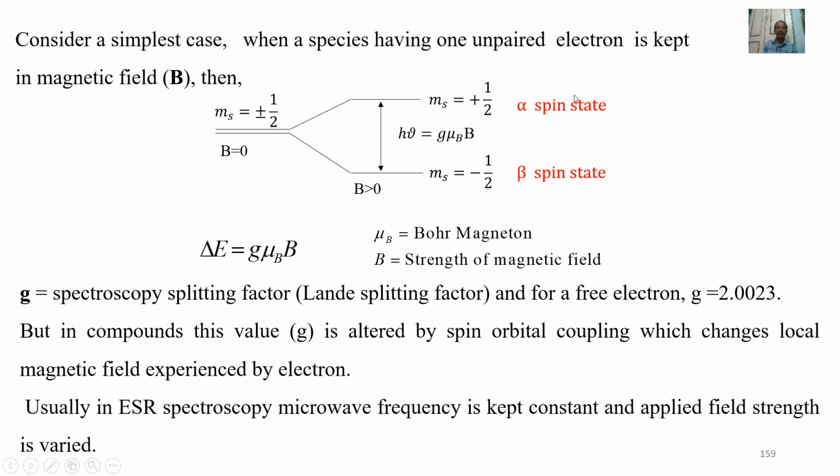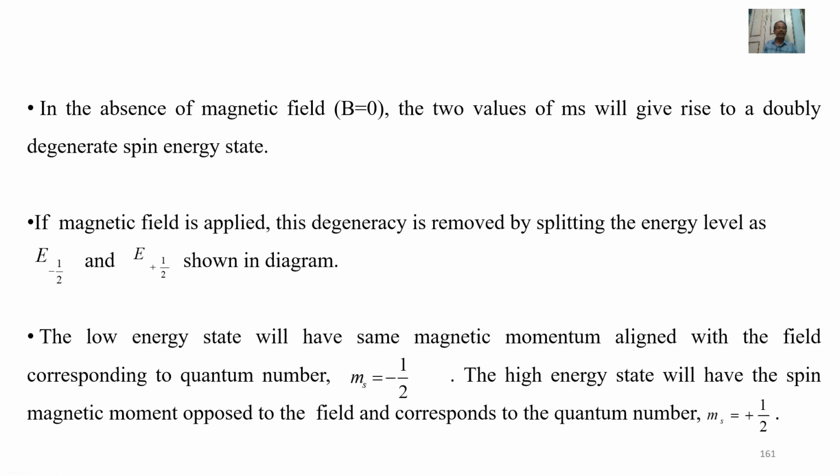The low energy state will have magnetic moment aligned with the field, corresponding to the quantum number ms equals minus 1 by 2. The high energy state will have the spin magnetic moment opposite to the field, which corresponds to the quantum number ms equals plus 1 by 2.